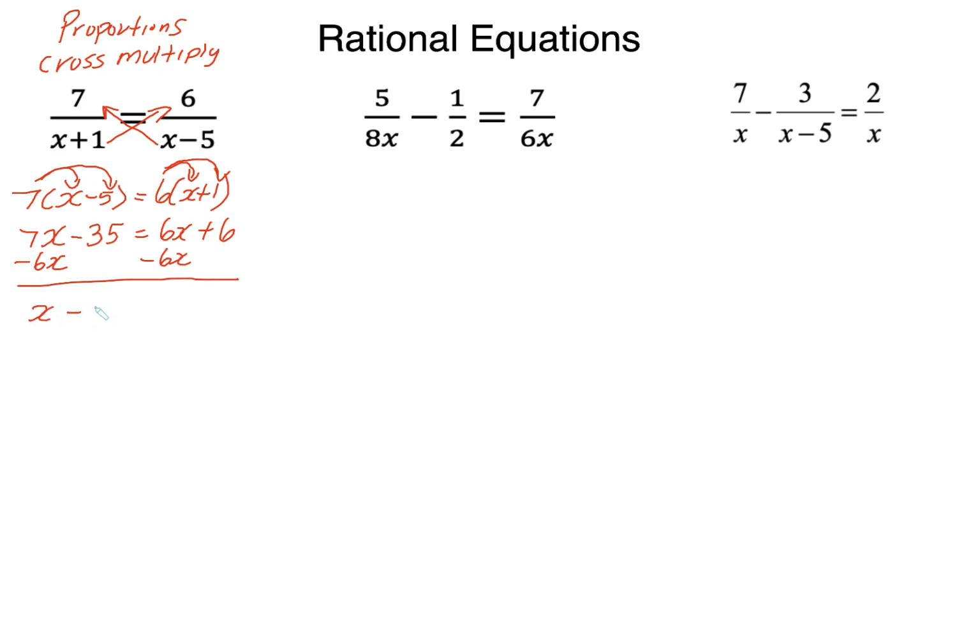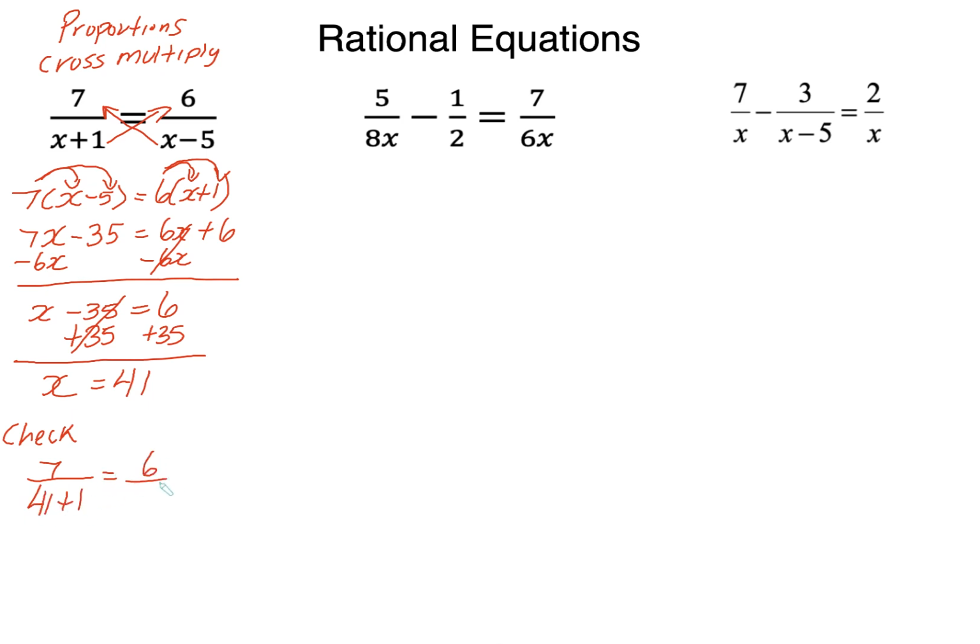I get x minus 35 equals 6, and solving for x, I'm going to add 35 to both sides, which gives me an answer of x equals 41. If you want to check, because I know on your final you want to get everything right, you have 7 over, we saw that x was 41, so this will be 41 plus 1.